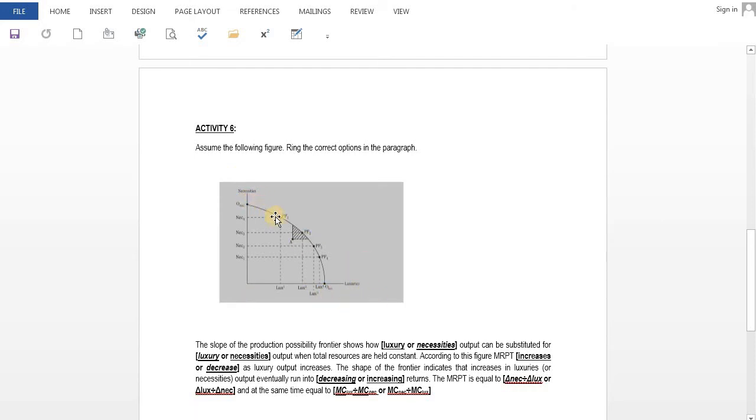If you move down the curve, you can see that necessities output is substituted for luxury output, because when we move down here, we can see that more luxuries are being produced. So the slope of this curve shows us how necessity output is substituted for luxury output, right?